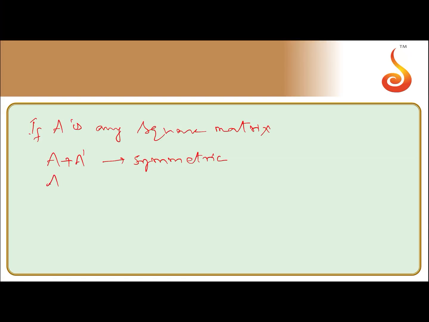If A is any square matrix, we had seen that A plus A transpose is symmetric, and A minus A transpose is skew symmetric.